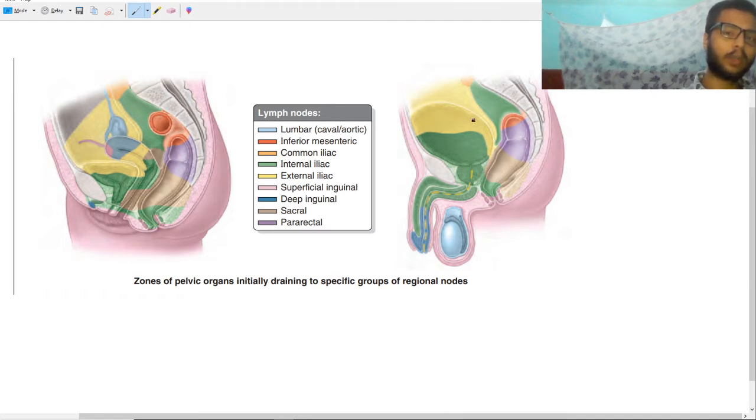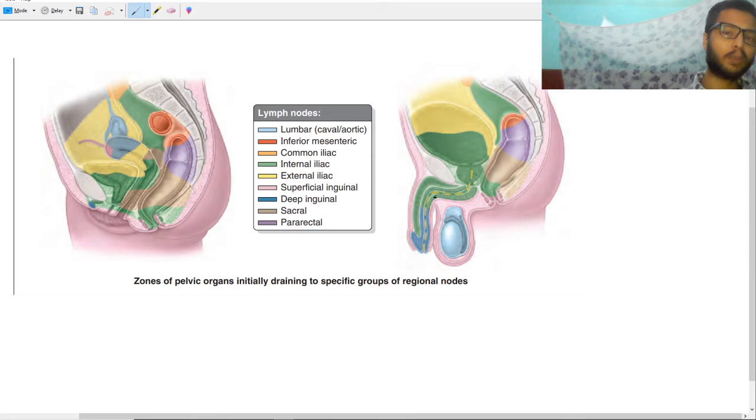And this yellow color you can see here is draining into external iliac lymph nodes. So superior bladder in yellow color, superior pelvic ureter, upper seminal gland, okay? Pelvic part of ductus deferens, it is not shown here, and intermediate and spongy urethra, you can see here in this yellow color, okay?